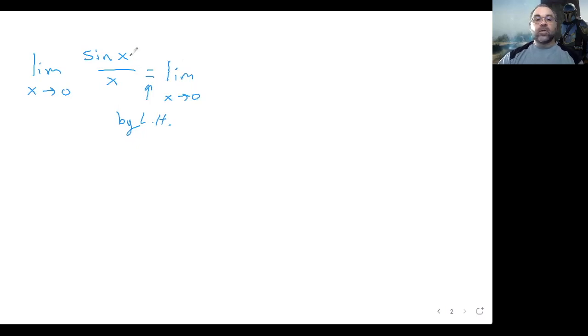Now, what is the derivative of sine of x? It's cosine of x. What's the derivative of x? 1. Now, what happens if we put in 0? We get cosine of 0 over 1. And sure enough, the cosine of 0 is 1. So there's a great example of how L'Hopital's rule works.